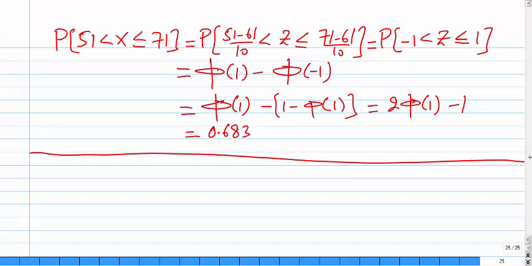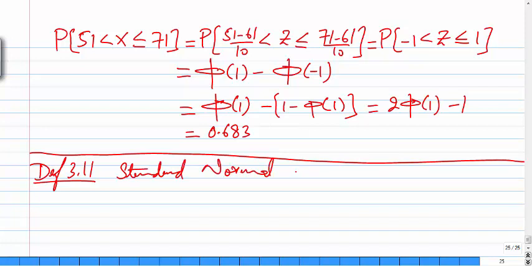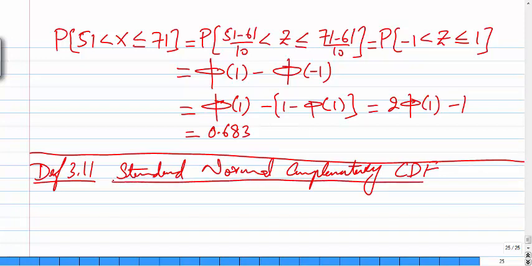Now another definition here is 3.11, and this definition says that the standard normal complementary CDF, what does this mean? This means that complementary is Q of z. Because for the CDF we say it is equal to the probability that Z is less than or equal to small z.